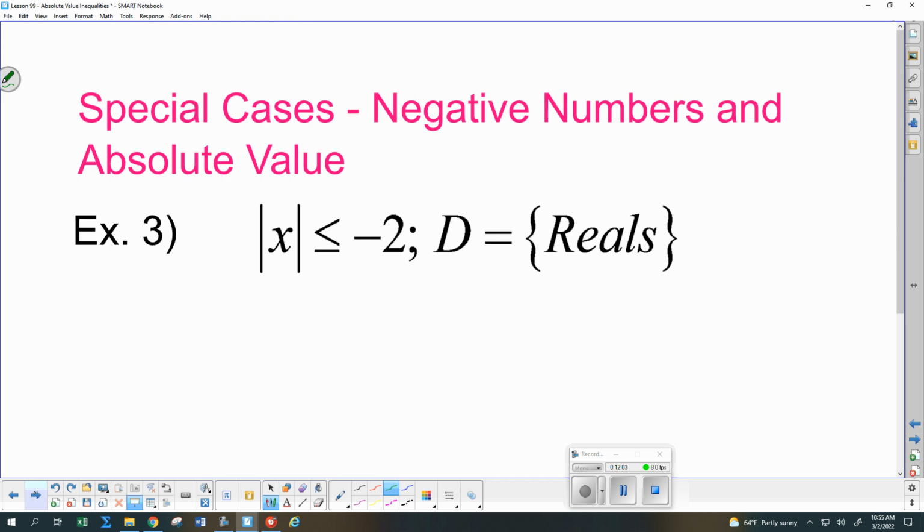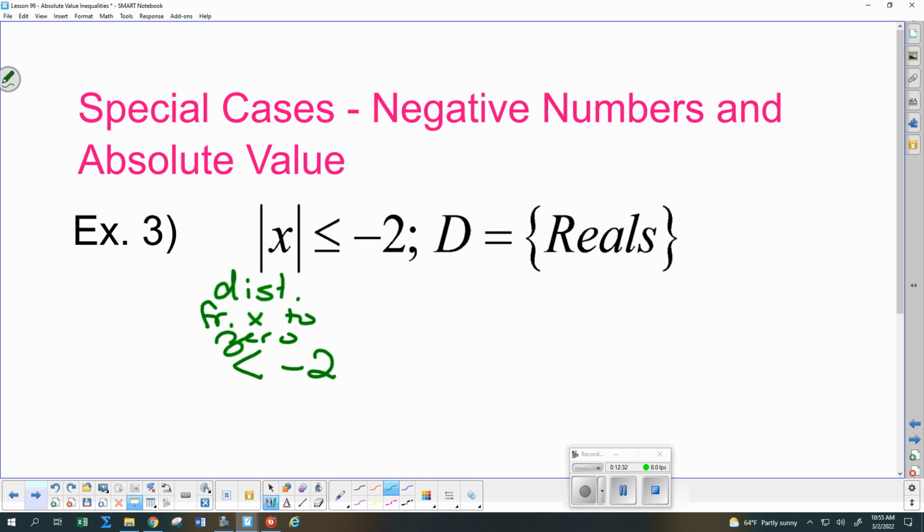Okay, absolute value is less than -2, domain all real numbers. This says distance from X to 0 less than -2. Distance less than -2.